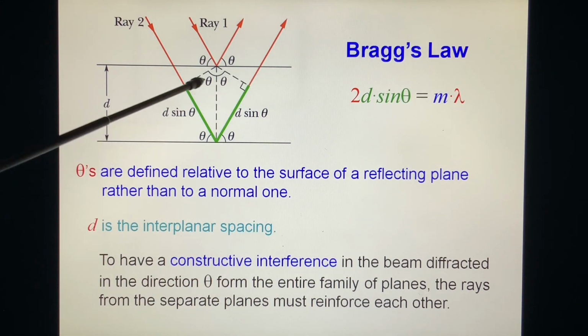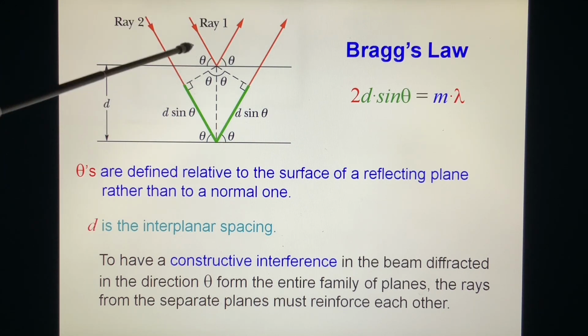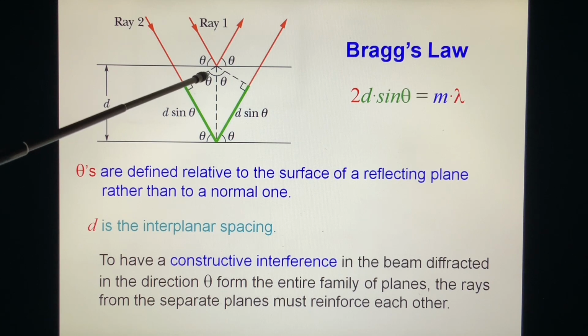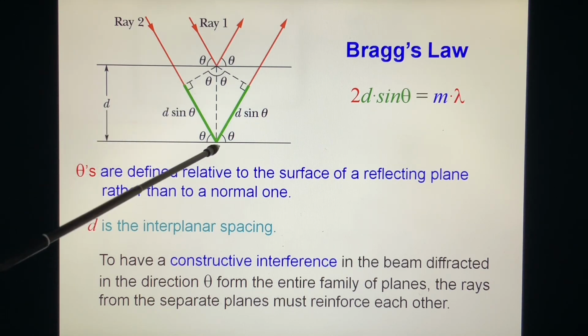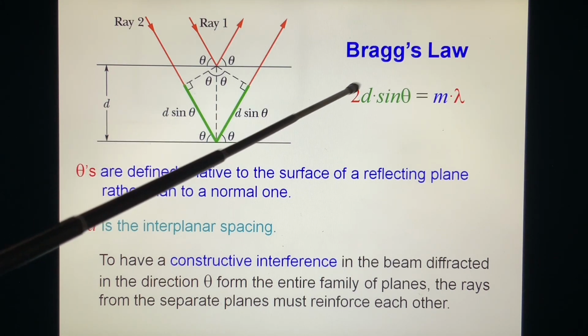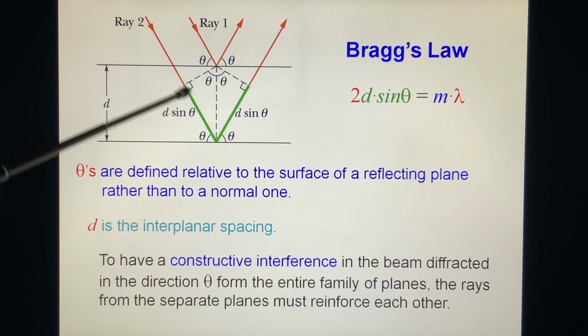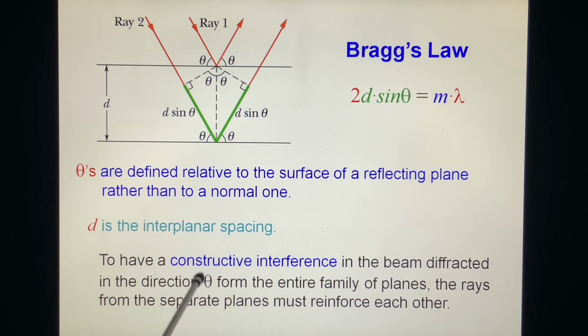Look at this. This is perpendicular, this perpendicular. So this angle equals this angle, and the green line is equal to d sine theta. You have 2d sine theta as the path difference between these two. It must be equal to m lambda, so it can be constructive interference.